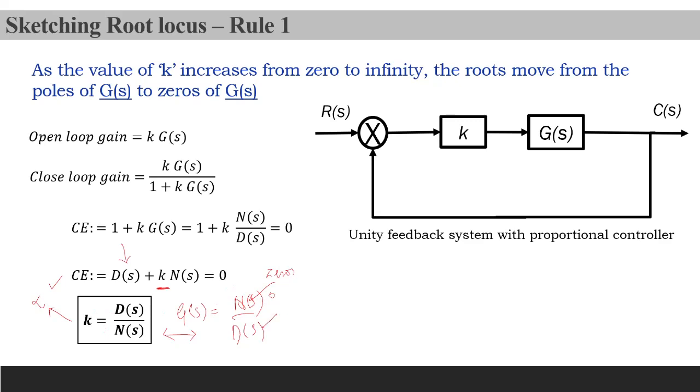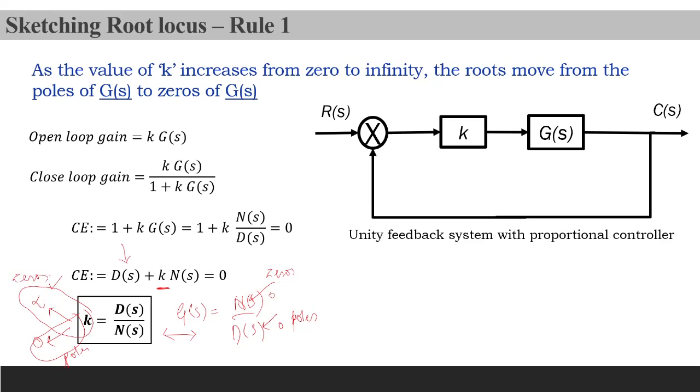And when D of s tends to 0, I'm actually trying to find out the poles. So I can say for k equals 0, I'm finding the poles, and for k equals infinite, I'm trying to find the zeros.